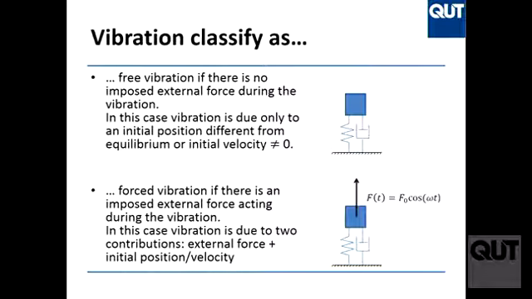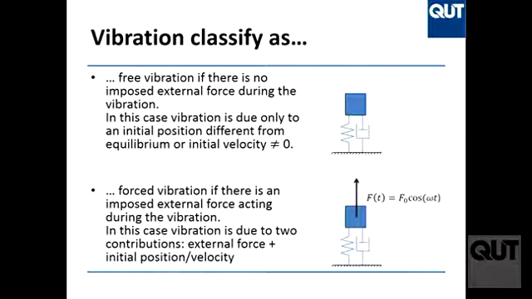As I said, 2 cases, free vibration, that system on top, this system. There is no external force. I only apply an external force at the beginning to bring the system to a non-equilibrium position, and then I drop it from there. That's free vibration. Look at this system. Now it's in equilibrium. It's fine by itself, very happy as it is.